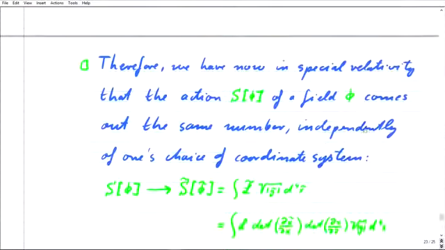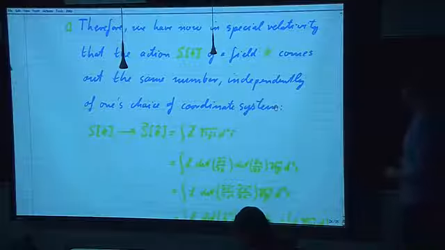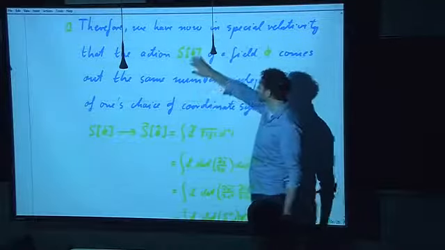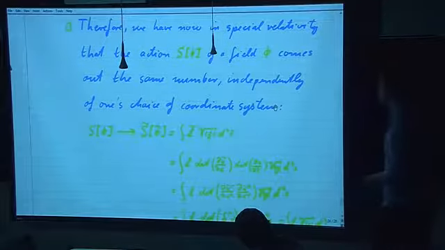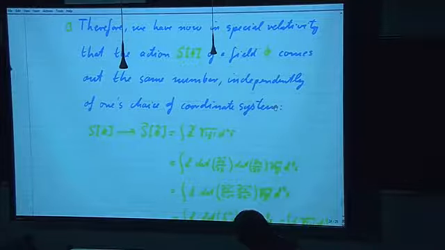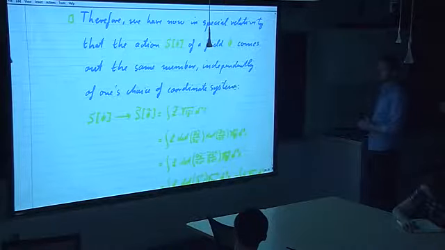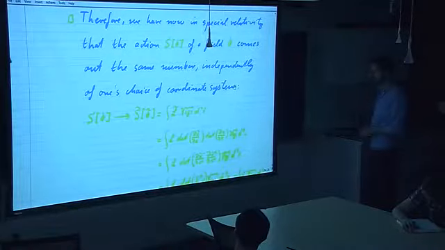And therefore, we now have, within special relativity, a formulation of the action S of phi, of a field phi, which comes out the exact same number independently of which choice of coordinate system you may want to use.